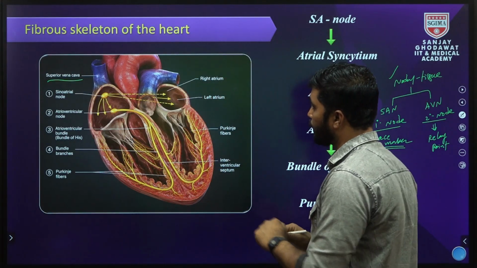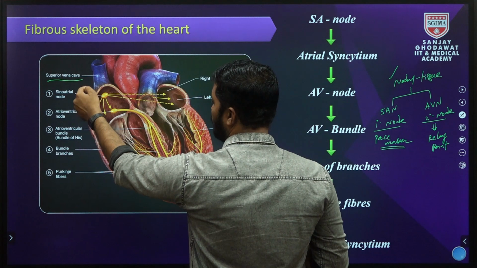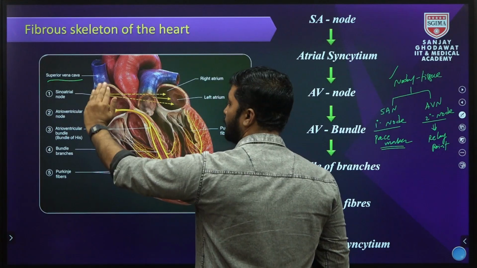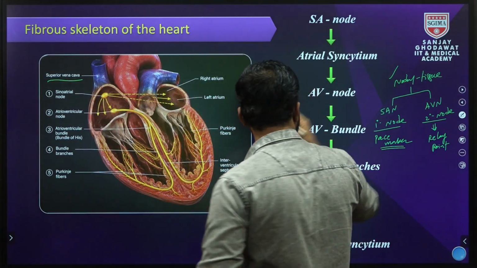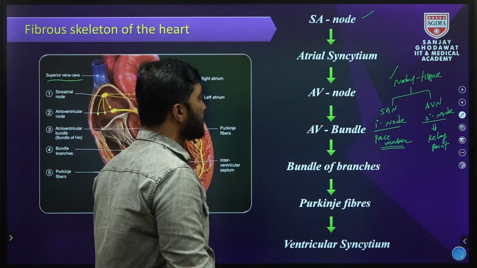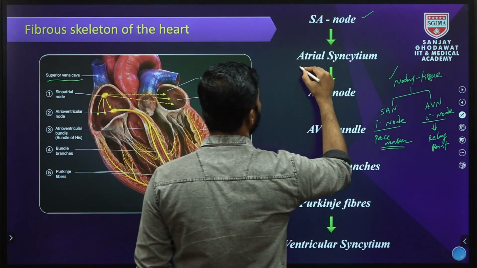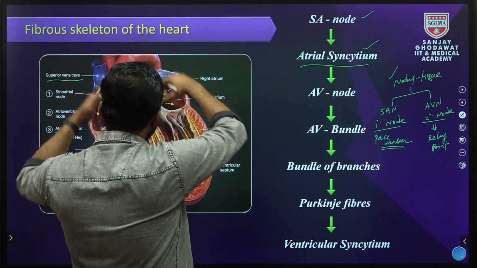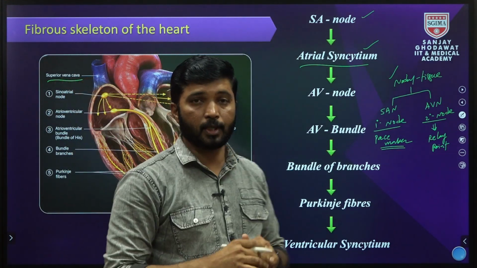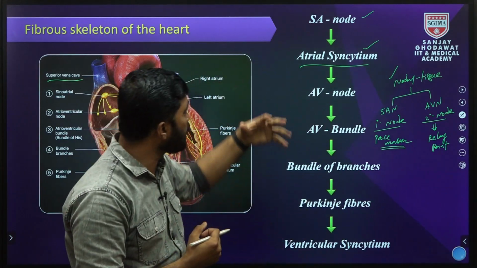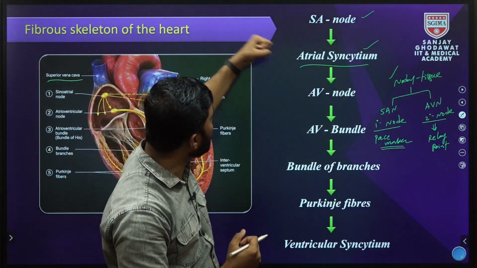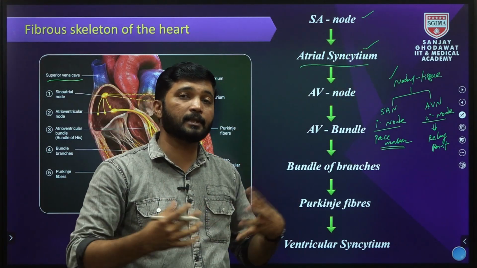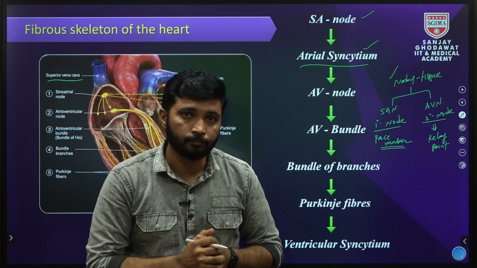Now we go to the mechanism. The primary node generates action potential, and it is forwarded first towards the atrial syncytium, the auricle muscular wall. When the action potential reaches the auricle muscle, the atria become excited and contract.